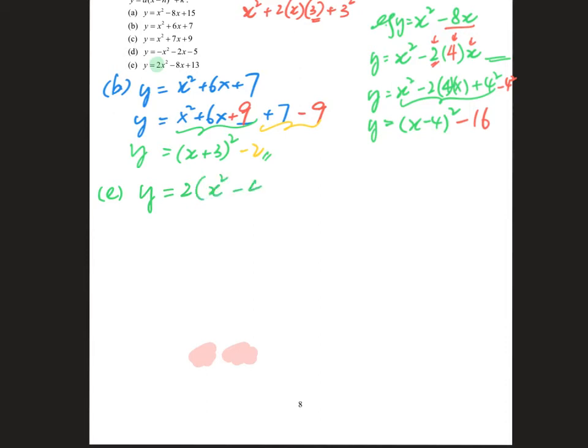So we have 2 brackets x squared minus 4x plus 13 over 2. It's a bit terrible because you've got a fraction in the constant term, but it doesn't matter. We still keep the 2 over there, x squared minus 4x, and now fill in the blanks. Can you find out the number in order to make it a completing square?